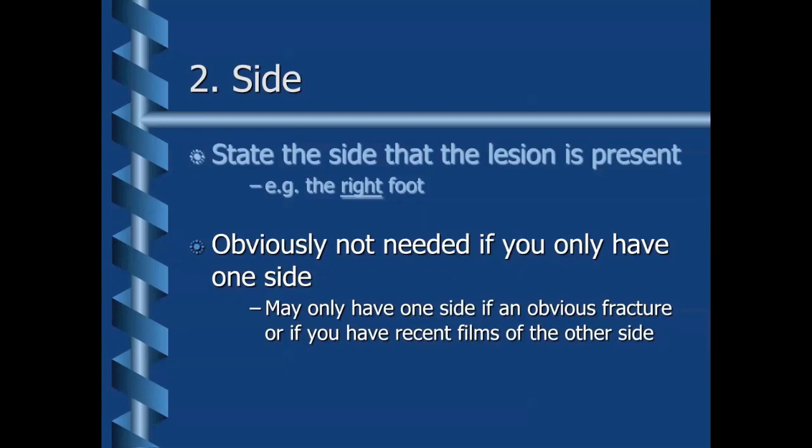They might have turned over on their ankle and you're suspecting that they could have a fractured bone. Well, it would be silly to get films of the unaffected side, given that you've already got films of the unaffected side from only 4 weeks ago. If there was maybe a 2 or 3 year gap, then you may want to consider getting both sides done again, because obviously things can change.